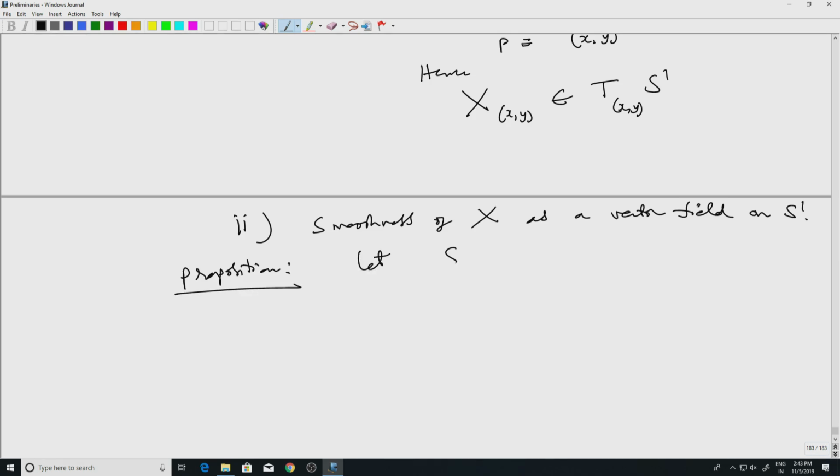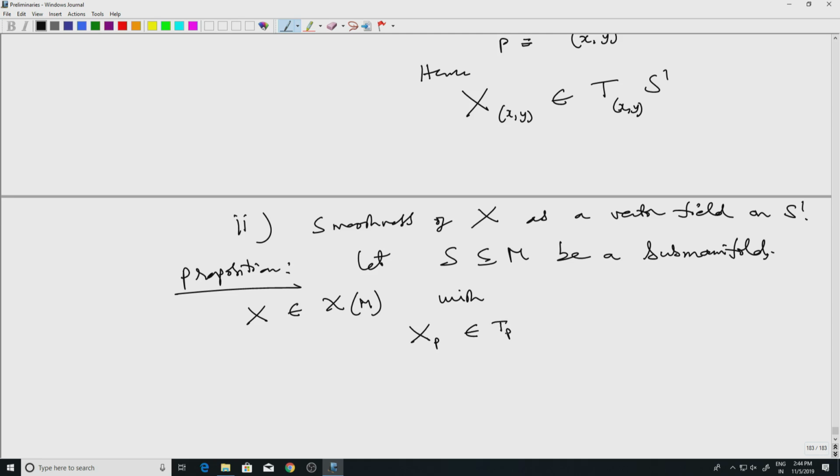Let S contained in M be a submanifold, and X a vector field on M with this additional property: if I start with a point P in the submanifold S, then X at that point should lie inside, be tangent to the submanifold.